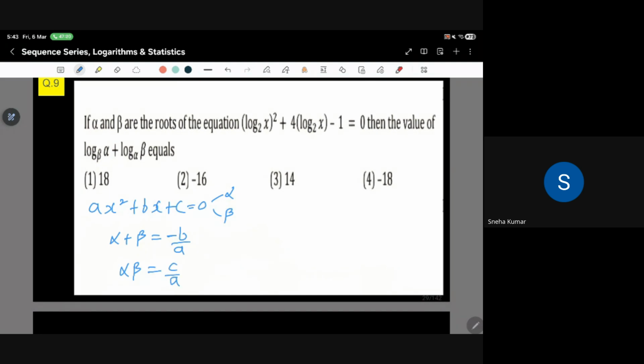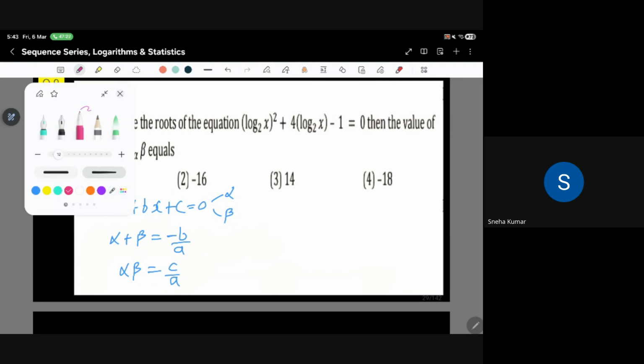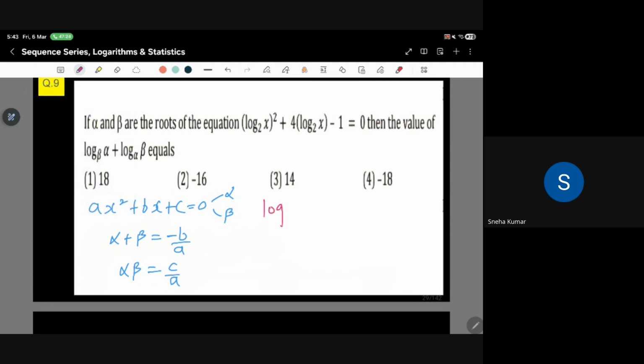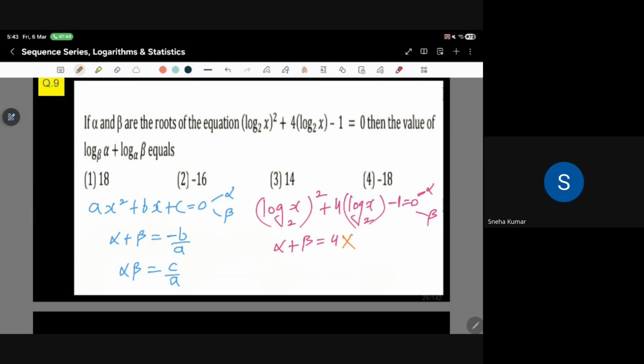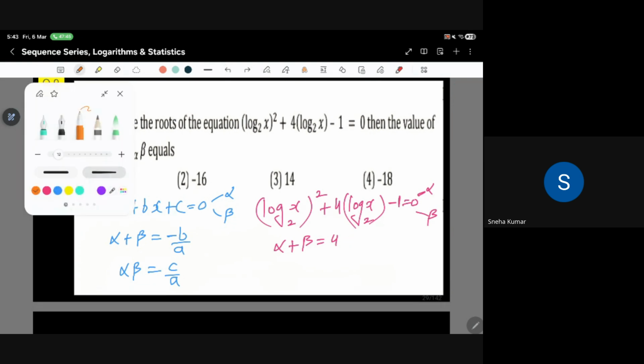Now, here in this situation, we have a quadratic in log, which has roots alpha and beta. So now here you cannot write the sum of the roots is 4. This is incorrect. Okay, this is not correct.